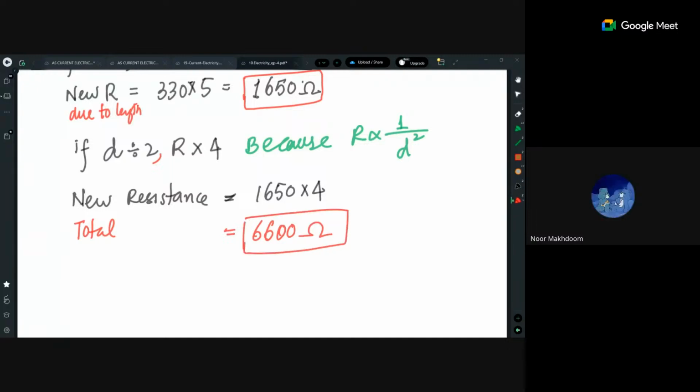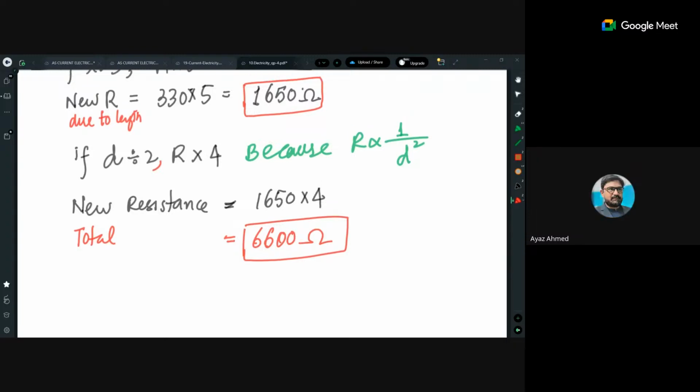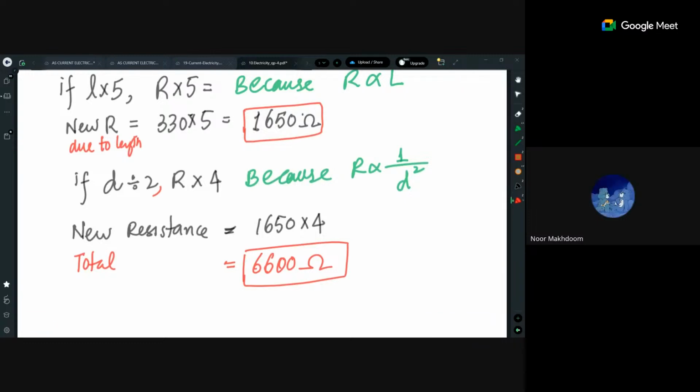So why can't we do times 2 or times 4? It says in the question that diameter is multiplied by 0.5, not multiplied by 2.